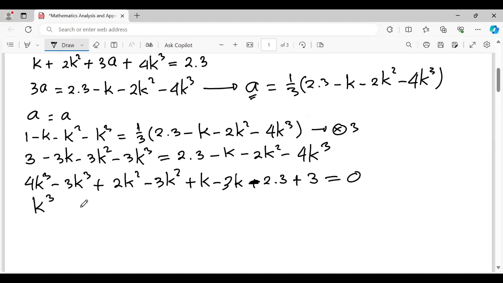So k cubed minus k squared minus 2k plus 0.7 equals 0.